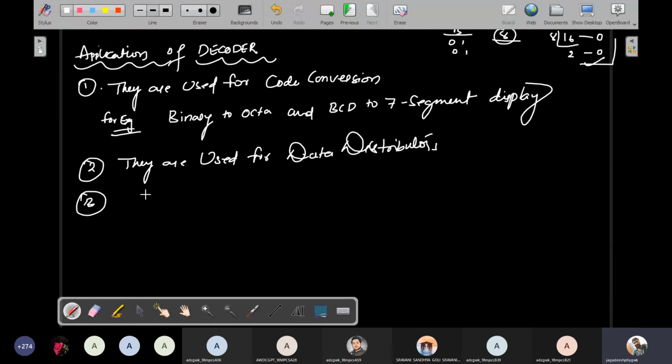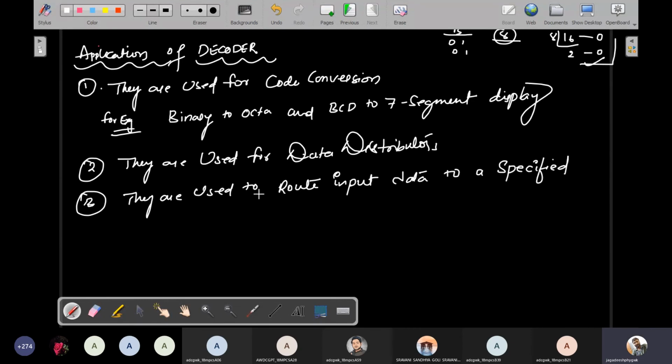third point, they are used to route input data to a specified output line.